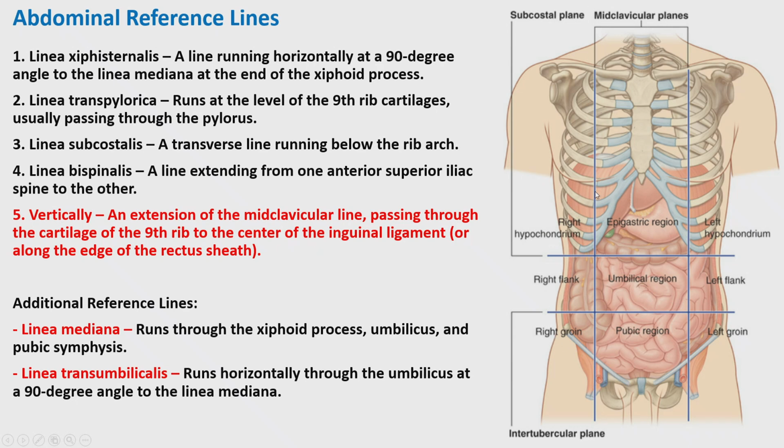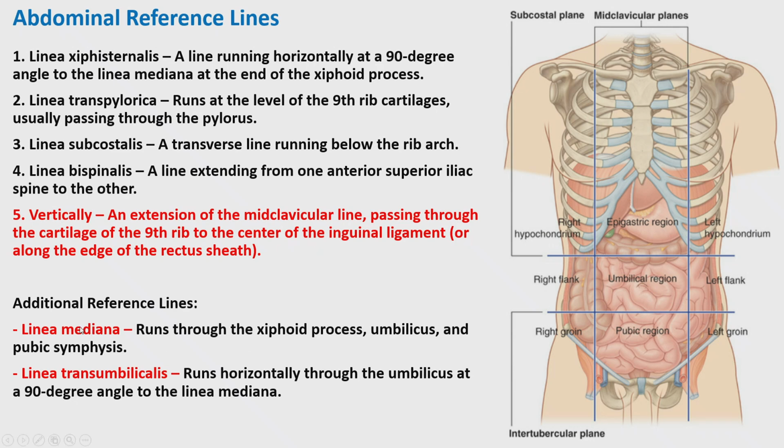In the abdominal region, this line also shows the edge of the rectus abdominis muscle. If you see the six-pack, the rectus abdominis, the edge of the rectus abdominis is, as a matter of fact, the same vertical line. So it is either the continuation of the midclavicular line to the midpoint of the inguinal ligament, or you can say the edge of the rectus abdominis.